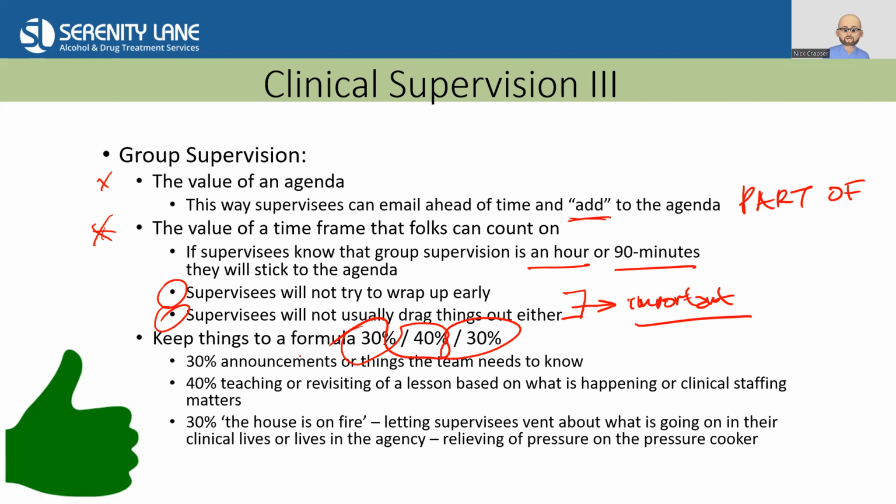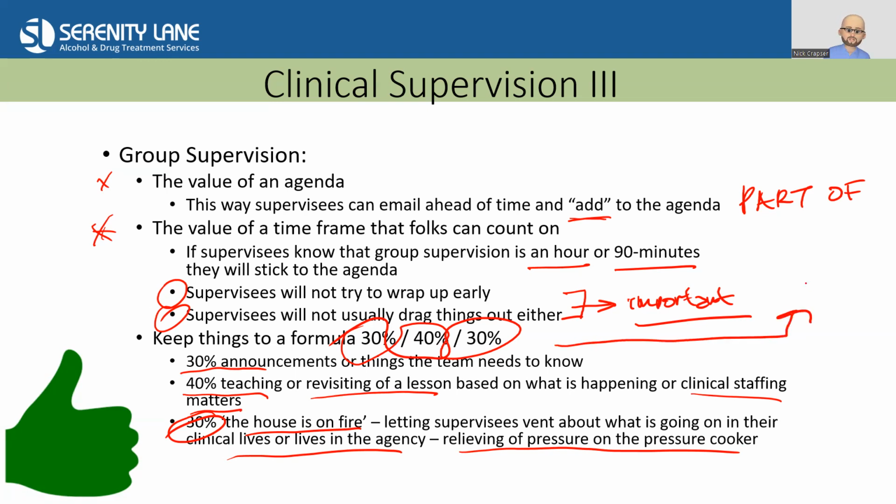Generally, it looks like 30, 40, 30. 30% is announcements or things that the team needs to know. 40% is a teaching or revisiting of a lesson based on what's happening, or we turn that into clinical staffing matters. And then there's a 30% I call the house is on fire, or supervisees venting about what's going on in their clinical lives or the lives of the agency, relieving pressure on the pressure cooker so people feel like they can vent and let things off their chest. But we try to keep all of this to whether it's 60 or 90 minutes.